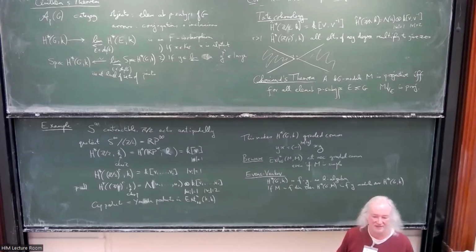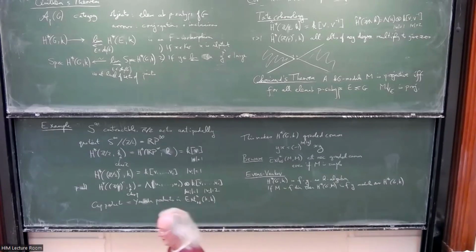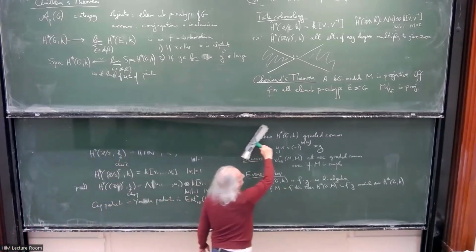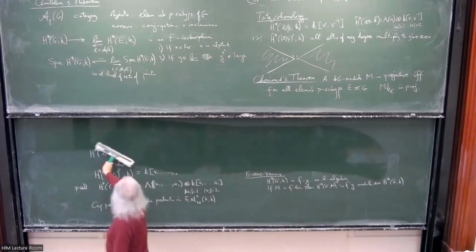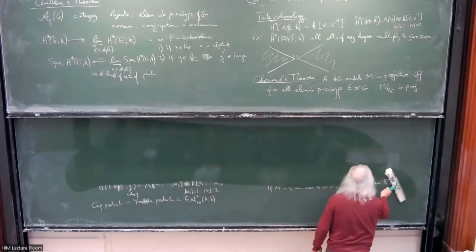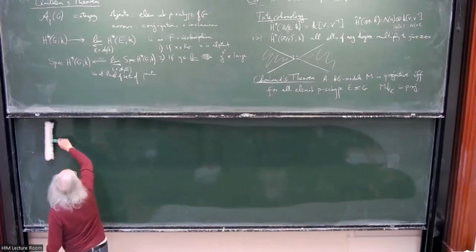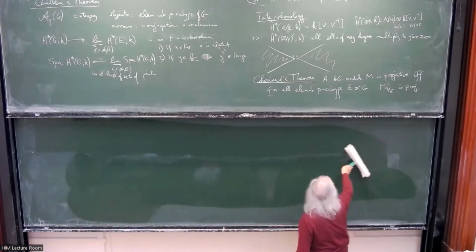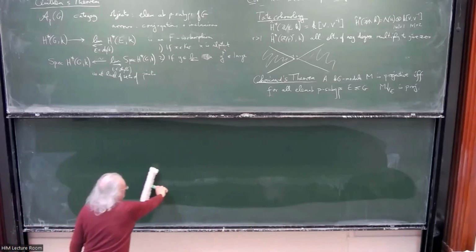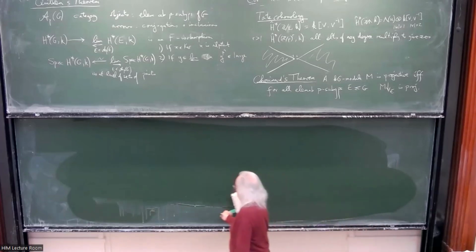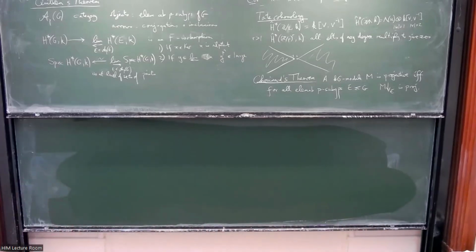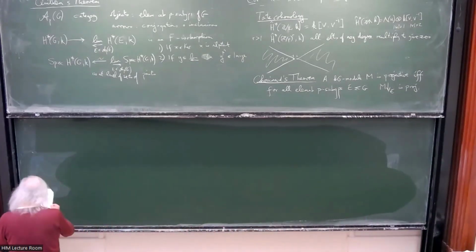Any more questions? So we're gradually working up towards things called pi points, but we're getting there slowly.